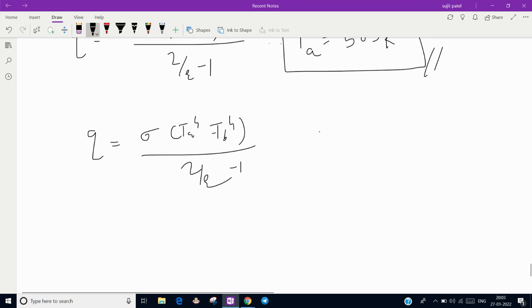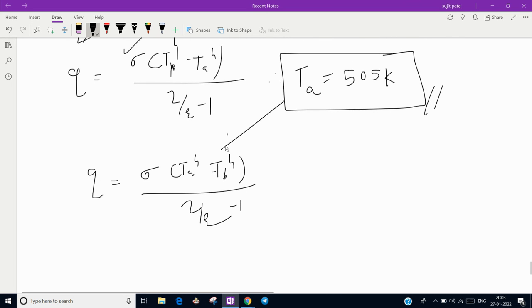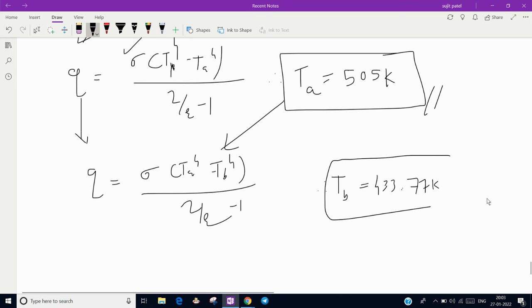If you put the value of Ta over here, the Q value over here, and epsilon 0.8, you will get the temperature of the other surface as 433.77 Kelvin. So this is the answer to the question that they have asked.